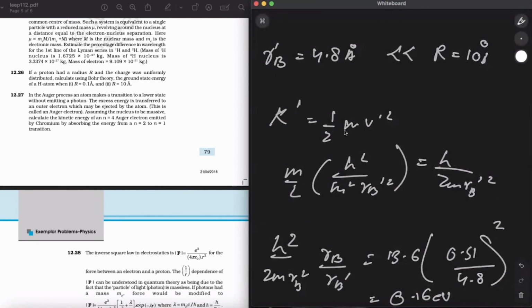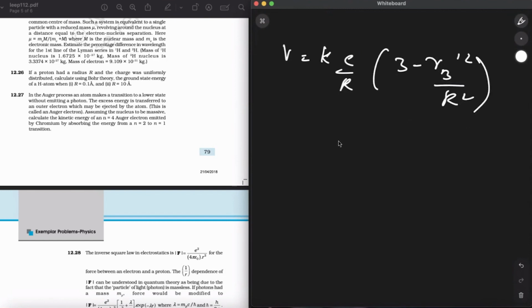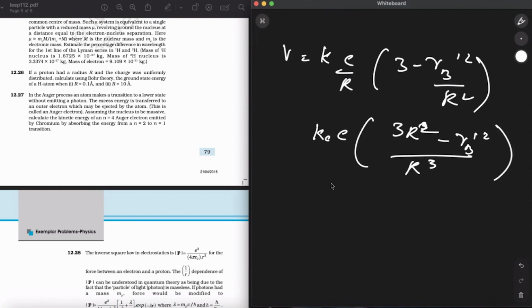Now, potential at a point inside the charge proton will be equal to k constant e by r ka 3 minus rb dash ka square upon r ka square. Okay, so k e by 2R, 3R square minus RB dash ka square whole divided by R cube. So potential energy U will be minus eV. Okay, eV is the potential.